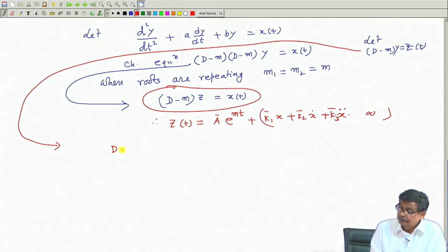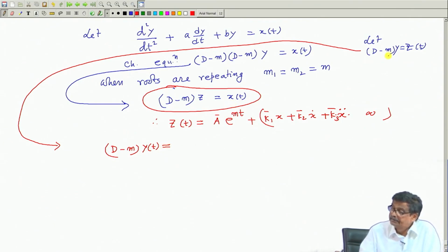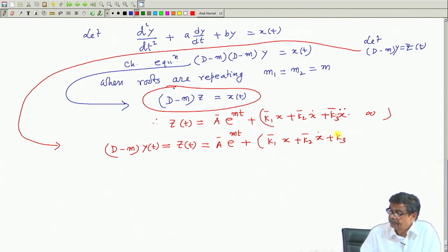Second thing I have to solve is d minus m into y t, because y t is my goal, what will be the nature of y t. I will write d minus m into y t as your z t, and this z t is nothing but this whole thing: a bar e to the power m t plus k 1 bar x plus k 2 bar x dot plus k 3 bar x double dot up to infinity.